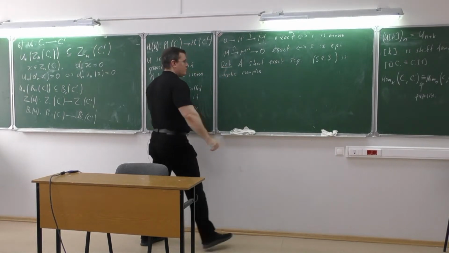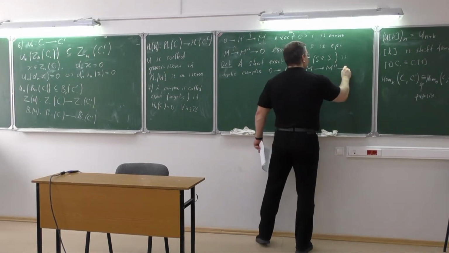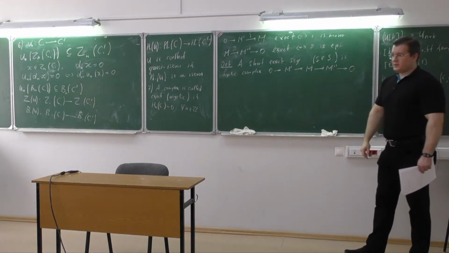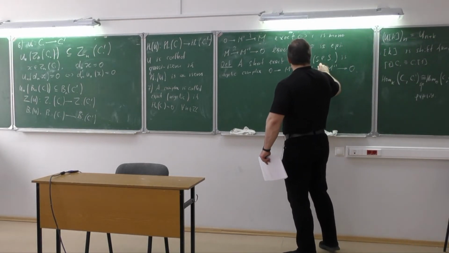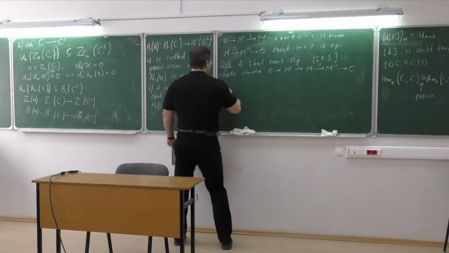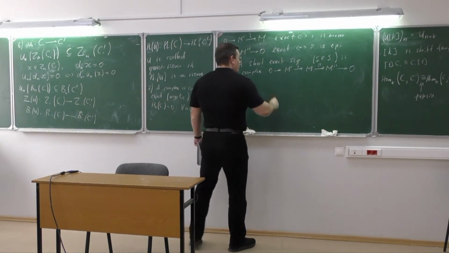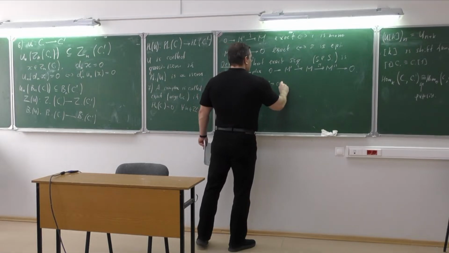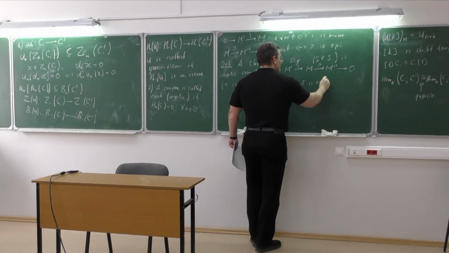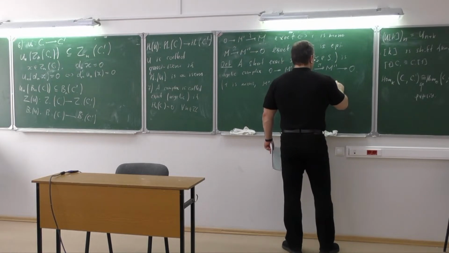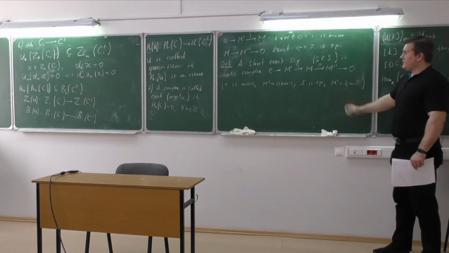So I'm going to write an acyclic complex 0, M prime, M, M double prime. That's a short exact sequence. And you can see that this means that if again I'm going to call these maps I and pi, it means that I is mono as before, and also pi is epi, and M prime is the kernel of pi. So this is what it means to have an exact sequence.